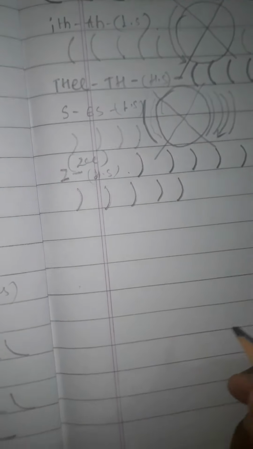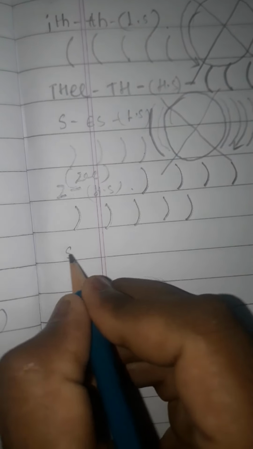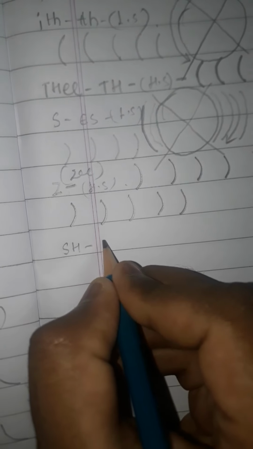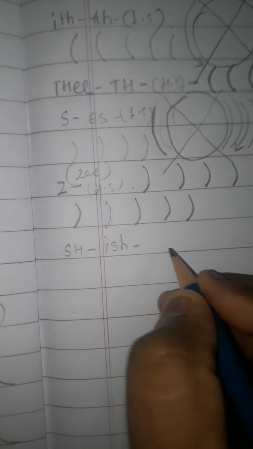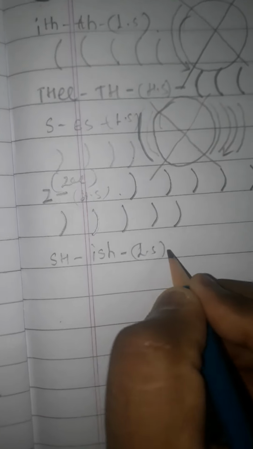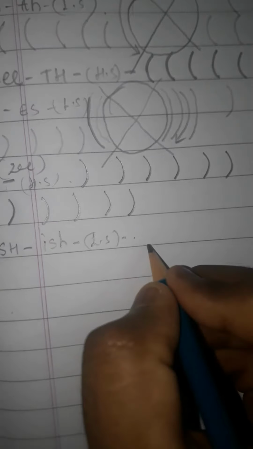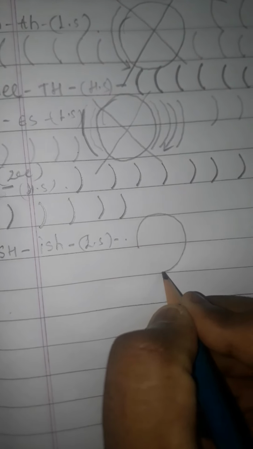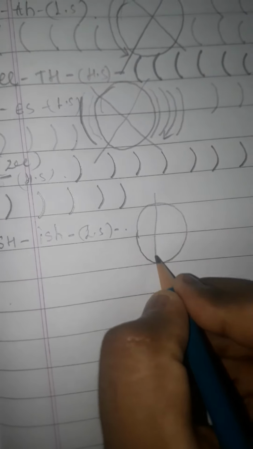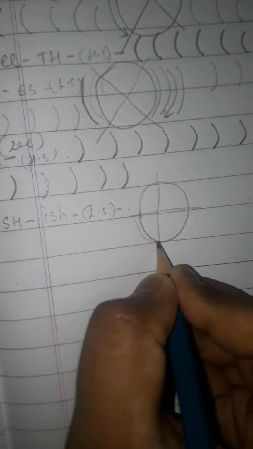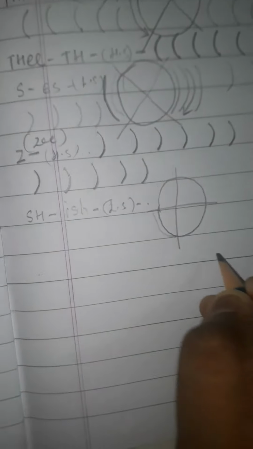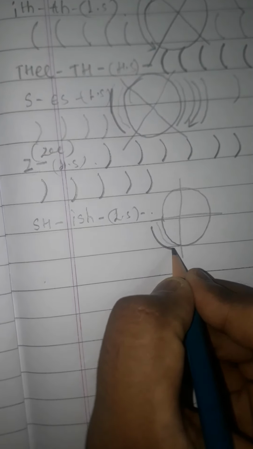After that we have SH. It will be pronounced as ish. It is a light stroke. Imagine there is one circle. F we write like this, as I told in the previous video; V we write like this.